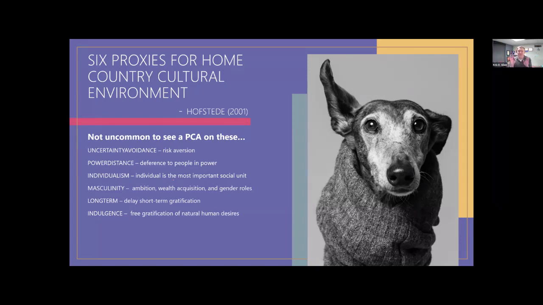But I promise you, if you Google it, you'll see there are researchers out there that have taken these six different things and said, I don't want six, I want one. One is easier to deal with, and they boil it down to one. That is bad. It is so bad because it's not doing what you're supposed to do. If we boil things down to one, they should all be one factor, right?